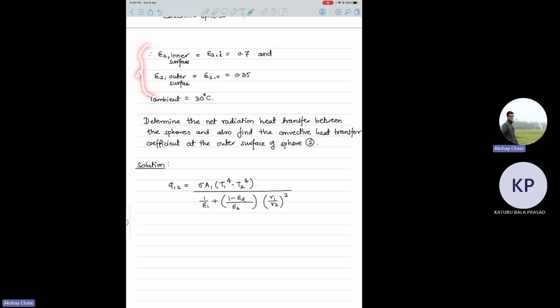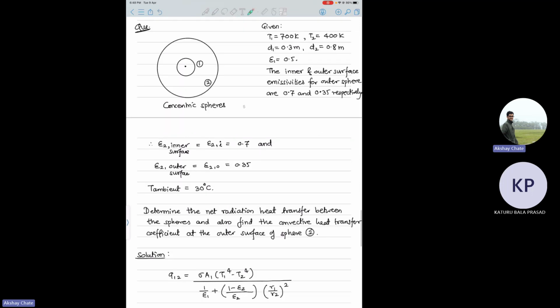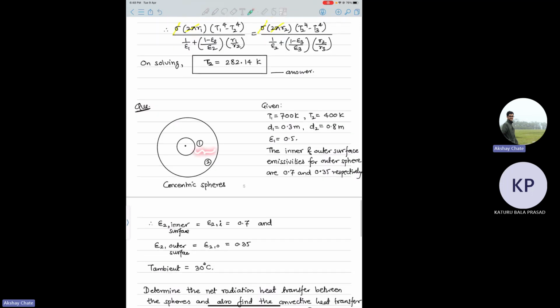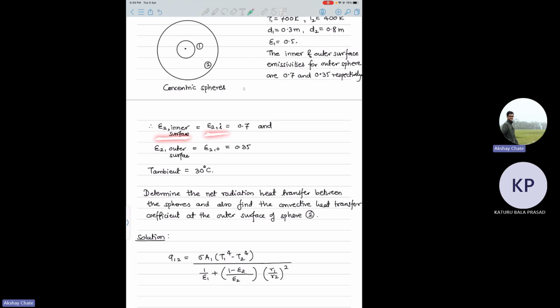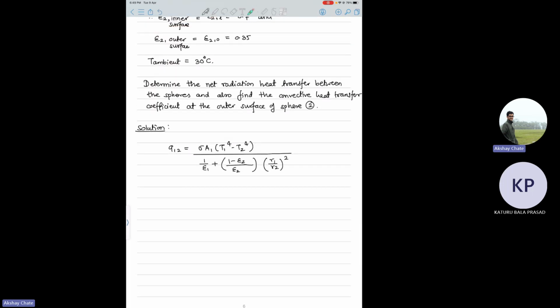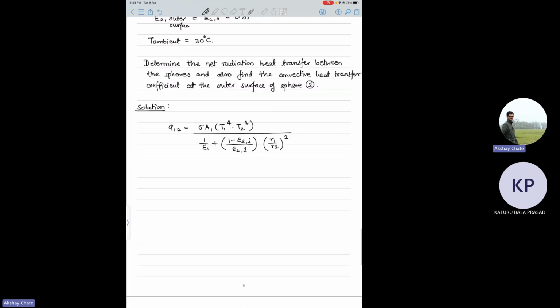So in the problem they have given two values for the emissivity of the second sphere. So when you are considering between spheres 1 and 2, we are considering essentially heat transfer in this area, or in this vacuum or whatever fluid is there. So therefore we have to consider epsilon 2i for these calculations. So therefore this will be epsilon 2i.